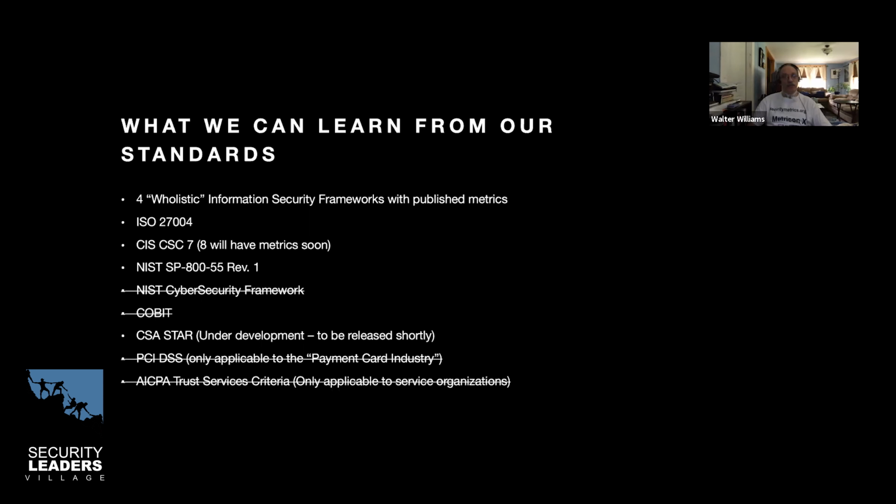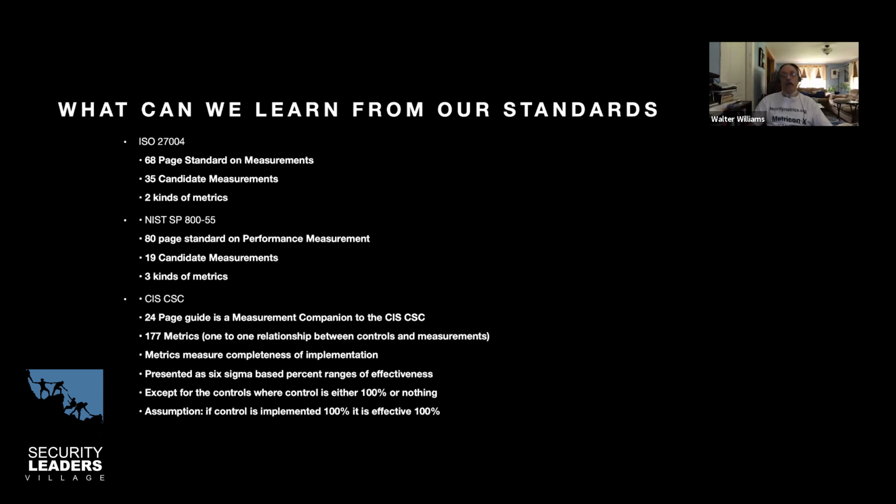They will be released shortly. 27.4 gives you 68 pages of how you create measurements and some 35 candidate measurements to use. And they propose two kinds of measurements against whether or not you've completely rolled out the control and if it's being effective. SP 855, in their 80-page document with 19 candidate metrics, defines a third metric.